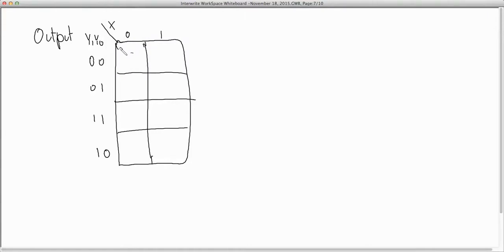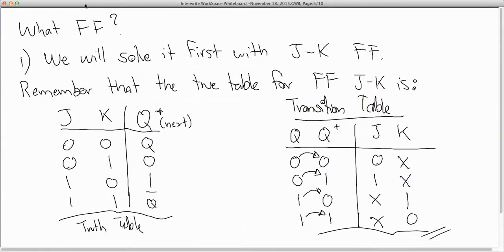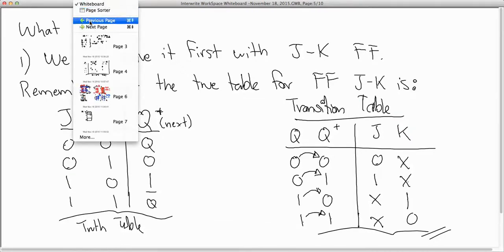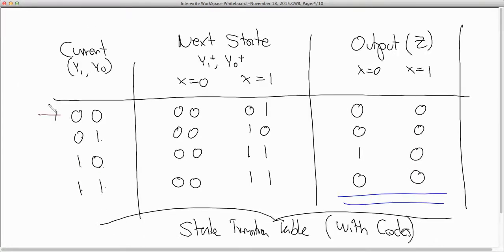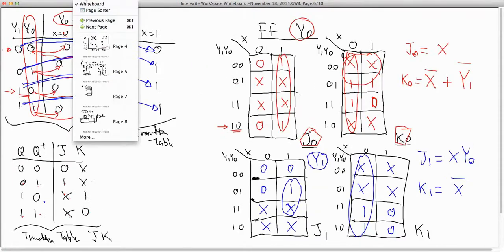I'm gonna put a 0 here and a 0 here and a 0 here, 0 here, 0 here, 0 here, 1, 0. Why? I'm just following what you have here, what we have here, the truth table. So for this combination and for this x's, okay, you have this, and basically it's mapping this and this into the K map. Okay, you have done this several times, so it shouldn't be a problem.